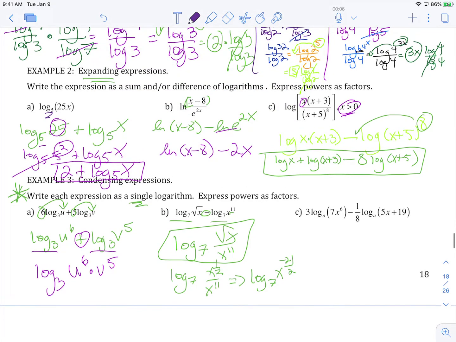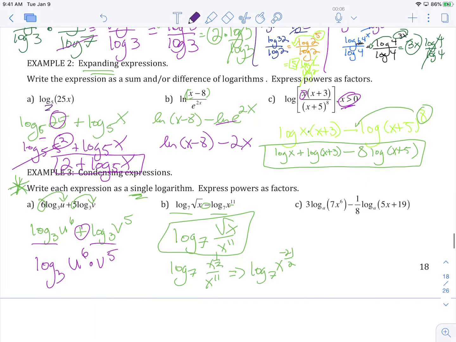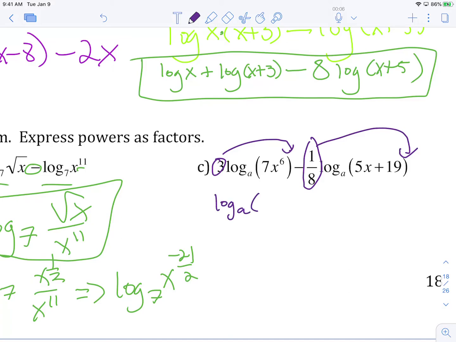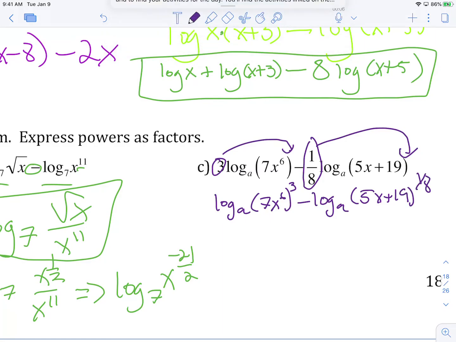Okay, lastly, again, this one you definitely want to pause and try it on your own. So pause. Okay, so recognize right away, I could put these coefficients and rewrite them as exponents. So now I have log base a of 7 times x to the 6th power raised to the 3rd minus log base a of 5x plus 19 raised to the 1/8 power.